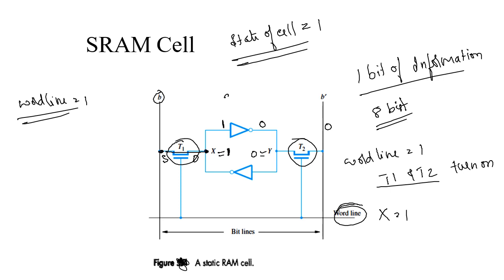So when x is 1, during the read operation, with the word line enabled, the state of x is loaded into B. That means the bit line is pulled high. Logic 1 is logic high, so the bit line will be pulled to 1, and B bar will be 0.